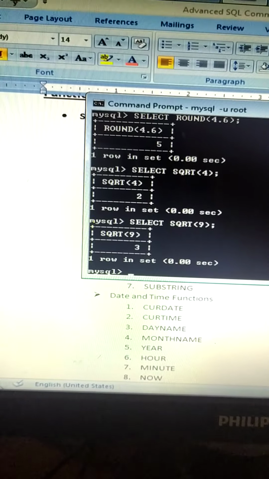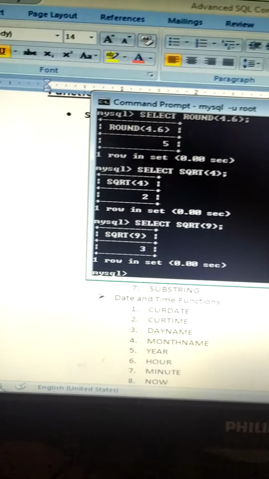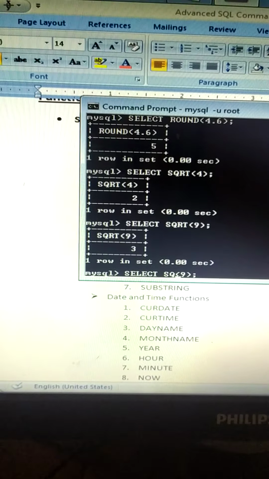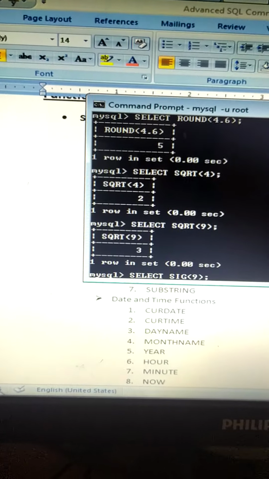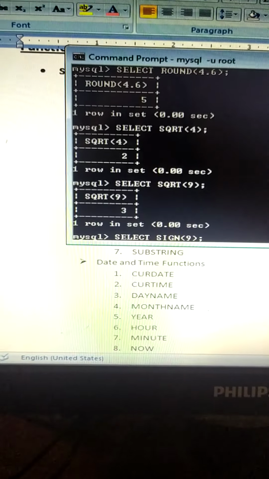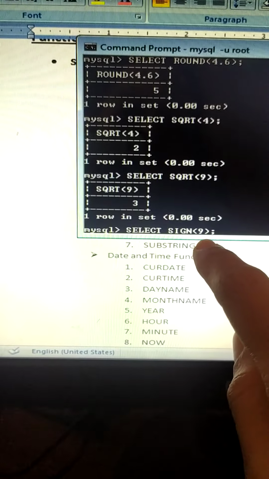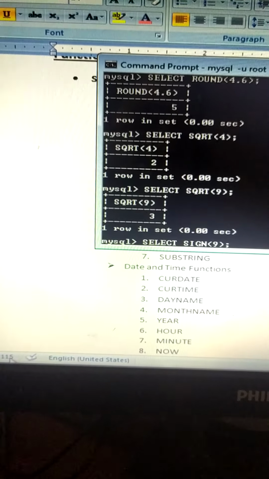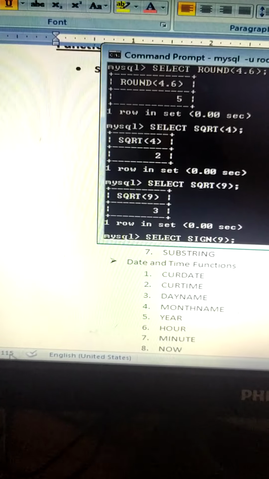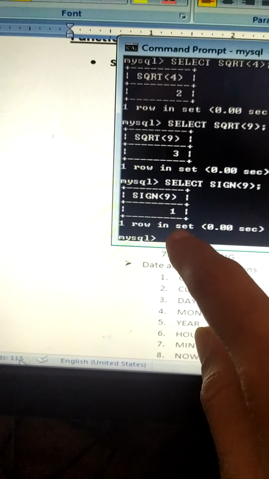Now the next command is sign. Select sign, S-I-G-N, sign of 9 suppose. So it is a positive number, so its sign will be 1. See, sign is 1.